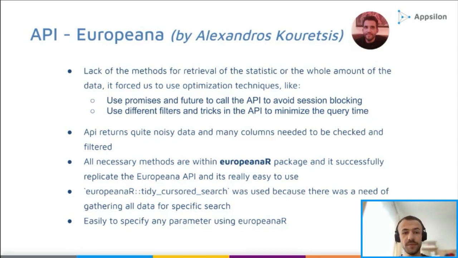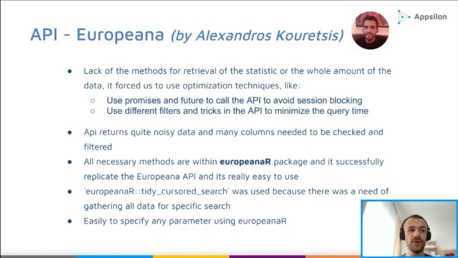Regarding the package made by Alexandros, it was very useful for us because we can easily replicate the Europeana API and use all the features we need. For example, the Europeana tidy cursor search from EuropeanaR was used because there was a need to gather all data for a specific search, and we can easily use this function to gather this data for us.